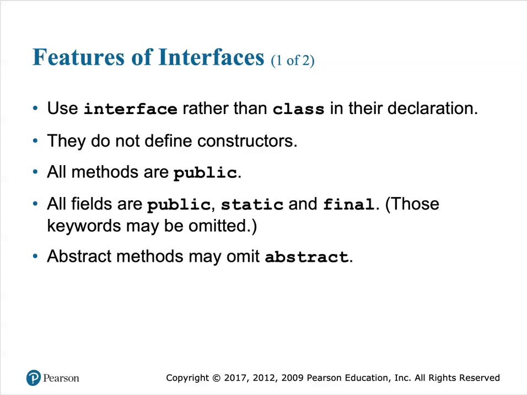As such, the keywords can be omitted, but it's sometimes useful to have them just so you know what they are. Because interfaces, up until this point, were abstract by definition, you don't have to use the abstract keyword either. So make sure you check out the sample interfaces inside of the chapter's projects as well.